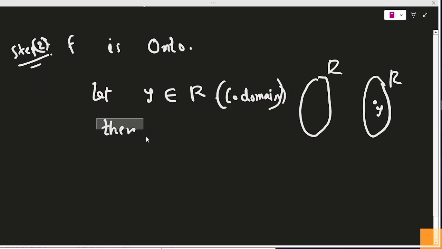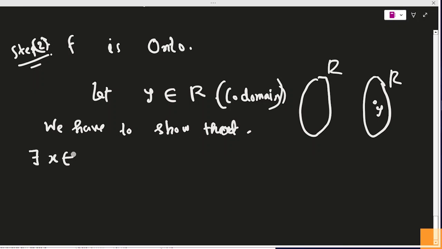Let y belongs to R. We have to show that there exists x belongs to R such that f of x is equal to y, function क्या है, 2x minus 3, is equal to y.